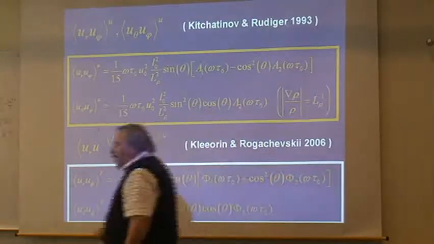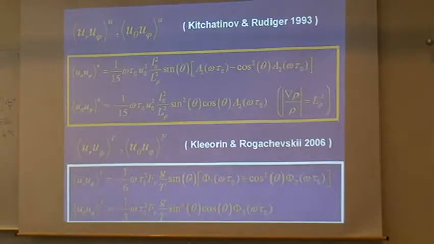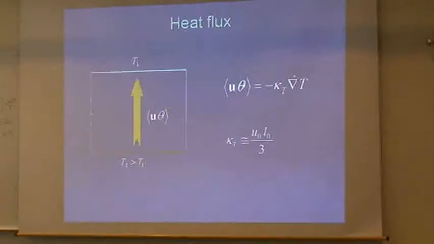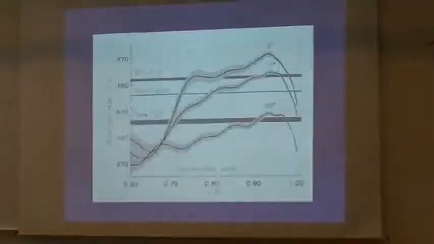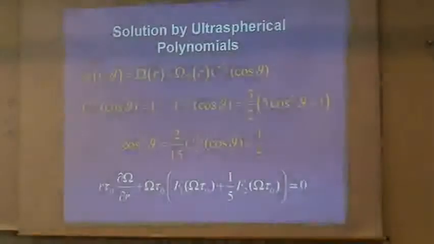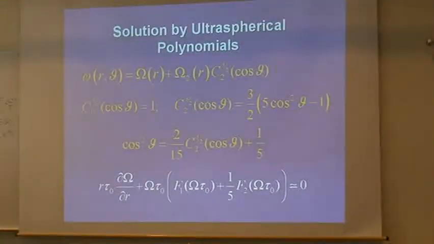If we'd like, I'm ready to demonstrate these two functions. Excuse me. Okay, let me simply draw these two functions. Phi1 is a function of omega tau naught, something in this speed, and this is 6.